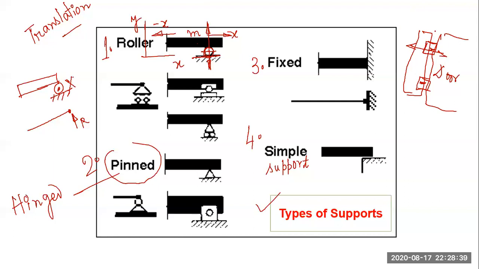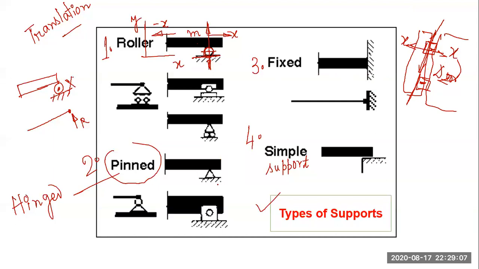It also cannot move along this direction, but it can freely rotate about this axis. If this is the axis, the door can easily rotate because the moment is free. Okay, so the x direction translational motion is restricted.